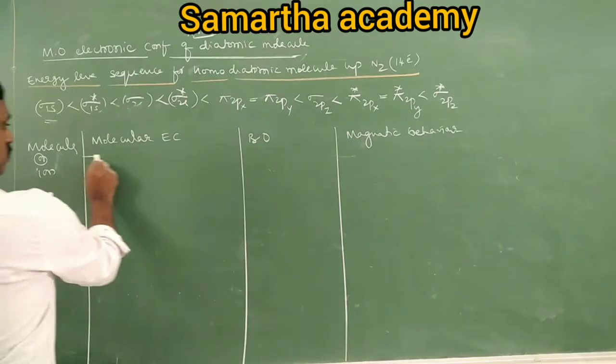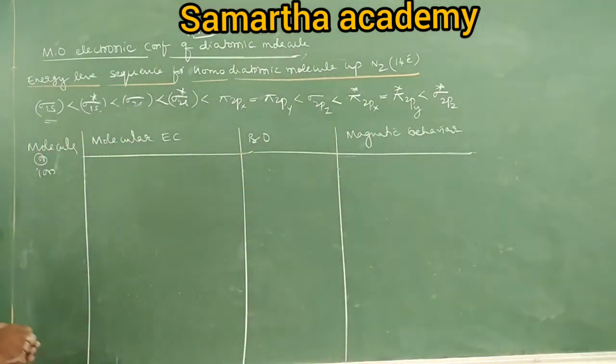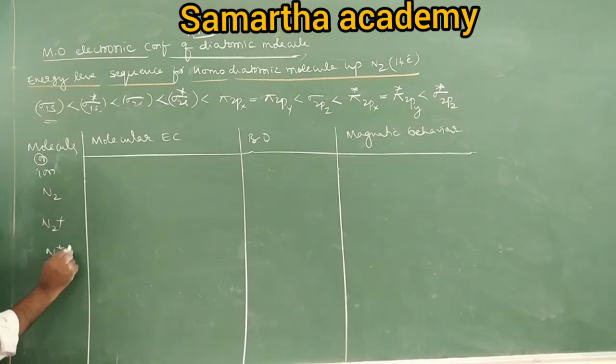Okay, here is nitrogen: N2, N2 plus, N2 plus 2, N2 minus, N2 minus 2. Make it fast.